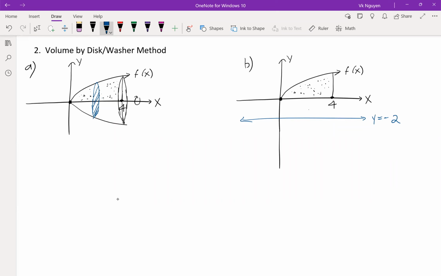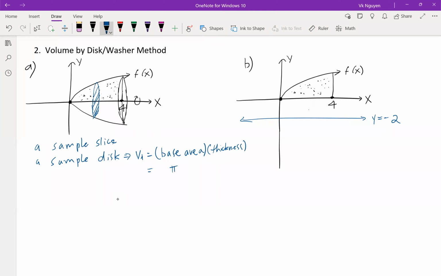It does look like a disc. So a sample slice, which is a sample disc. A sample disc has the volume of base area multiplied by thickness.